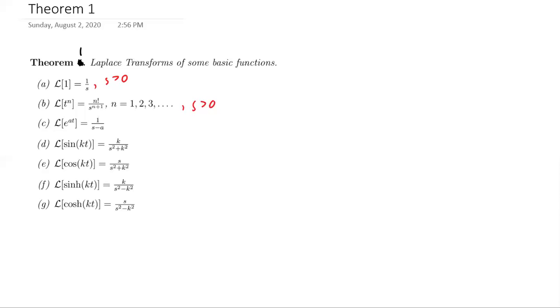Okay? So again, here I'm giving you a list of common Laplace transforms. And here I should say that a and k are constants. So the Laplace transform of 1 we saw is 1 over s.